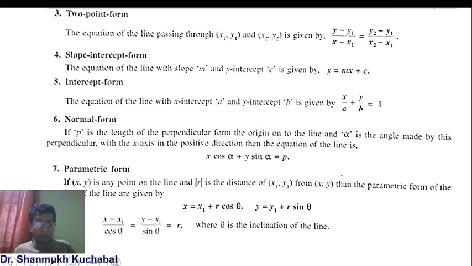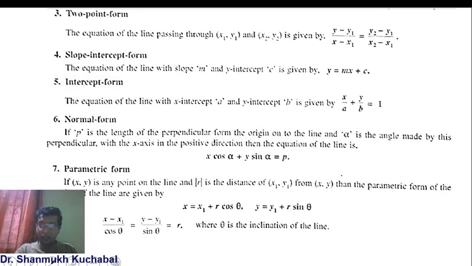Next, intercept form. If the x intercept is a and the y intercept is b, the intercept form is x by a plus y by b equal to 1. Very simple. Then normal form.